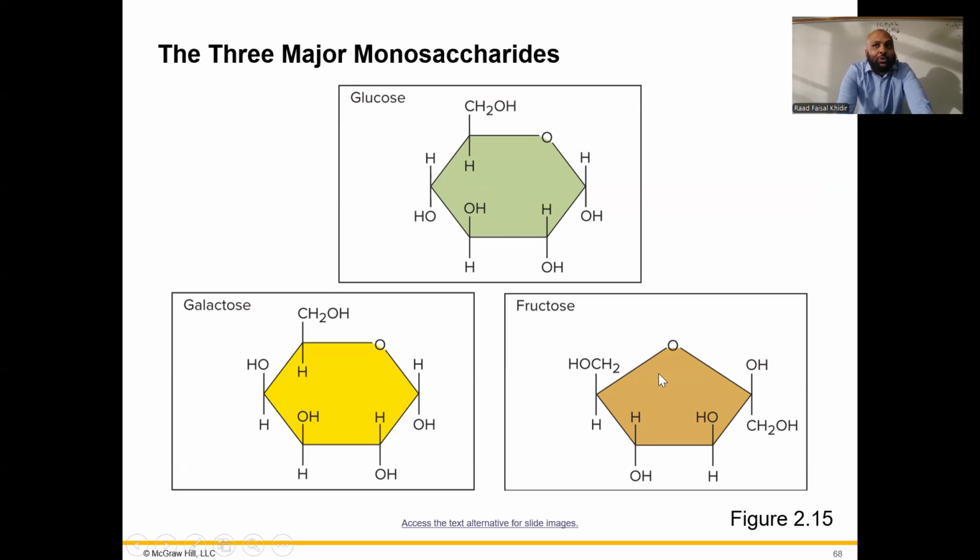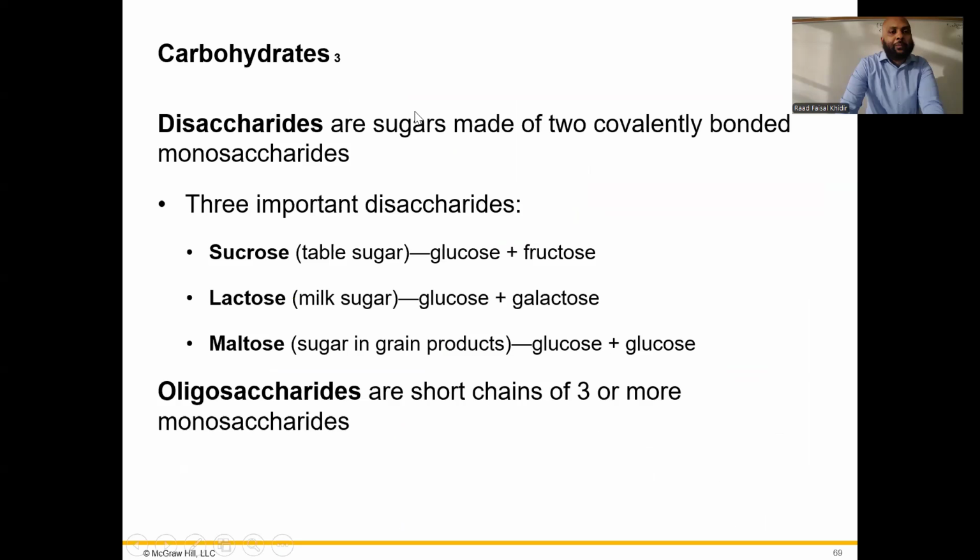But if I have fructose, what do I do? I convert it into glucose. That's easy because it's a monomer. So I have these interconverting enzymes that convert fructose and galactose into glucose. And then we shuttle glucose into the glycolytic pathway.